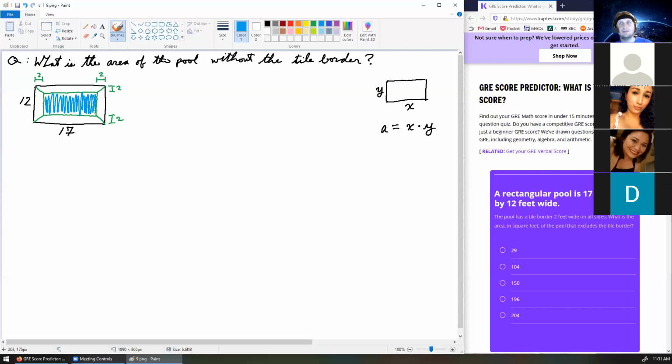Would we have to subtract then the 2 from the 12 and the 17? Okay. Let's try that. So what would our area equation be? So then it would change the 12 to a 10, and then the 17 to a 15, leaving us with A equals 12 times, what's it called? 12 times 15?